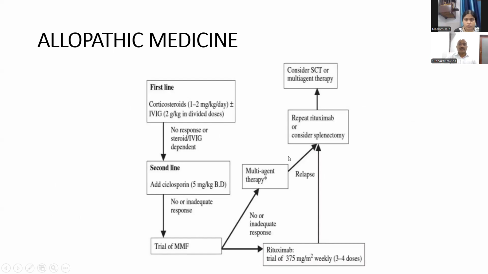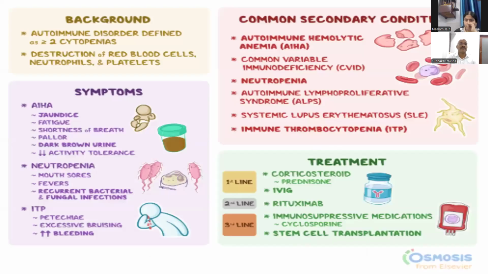So the first line is steroids. The second line is immunosuppressive drugs like cyclosporin, and splenectomy. The last modality of treatment is stem cell transplantation, when nothing is working.